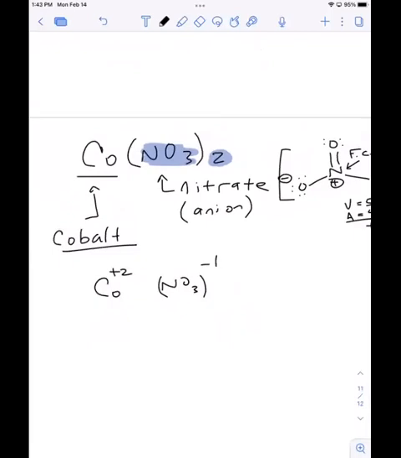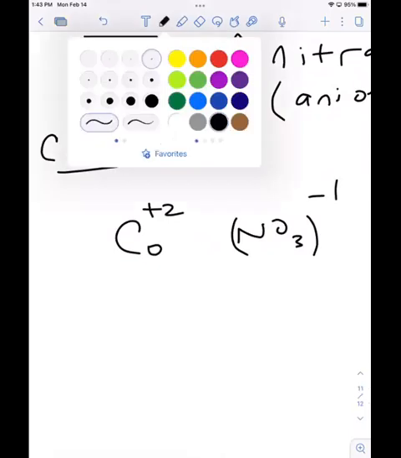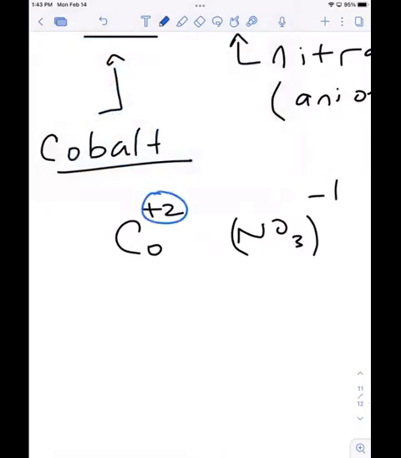All right. So cobalt with the charge here, let me give you another piece of information. The charge here is also known as its oxidation state. All that means is that's the number of electrons that were lost, because if the charge is positive, you're losing electrons.